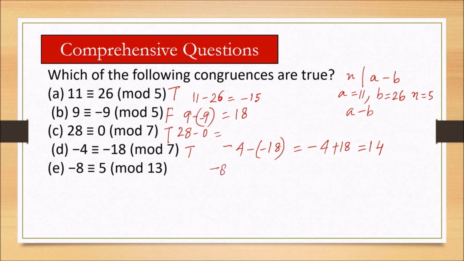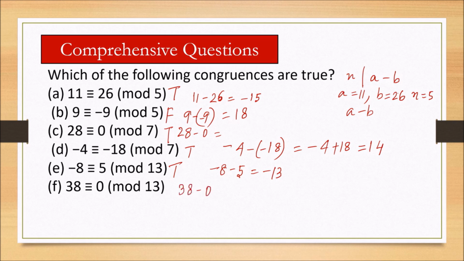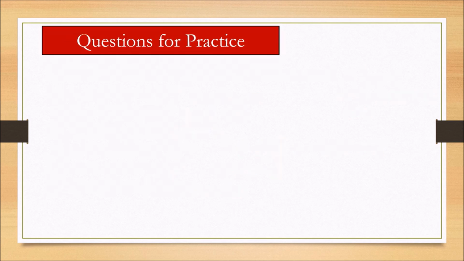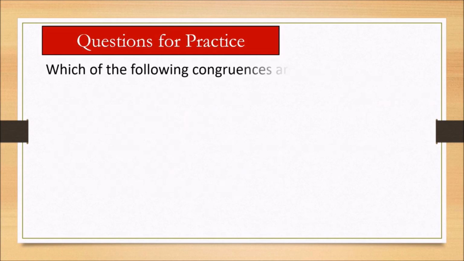So negative 8 minus 5 is negative 13. Yes, this is divisible by 13, so this is true. Next is F, 38 is congruent to 0 modulo 13. So 38 minus 0 is 38. 38 is not divisible by 13, so this is false. I hope you have understood. Now you can solve some more questions yourself. Which of the following congruences are true or false?